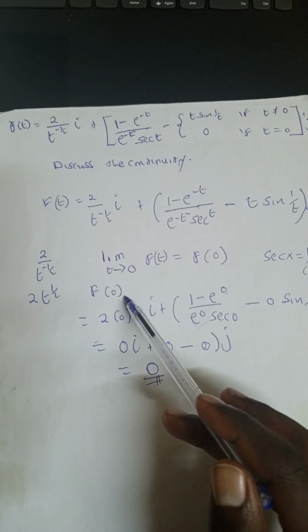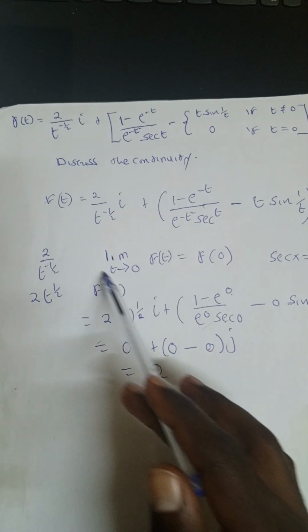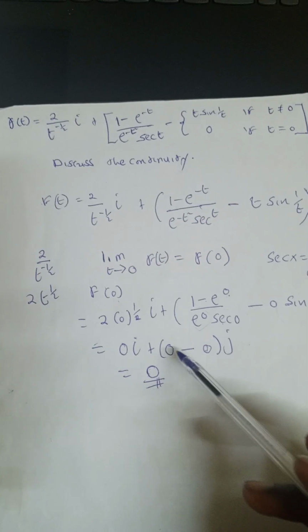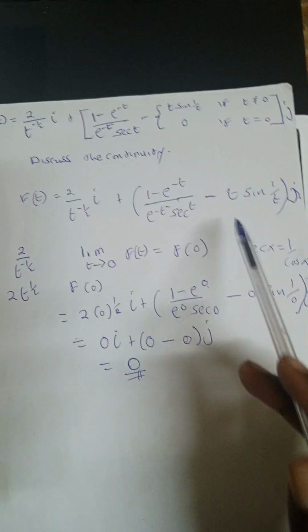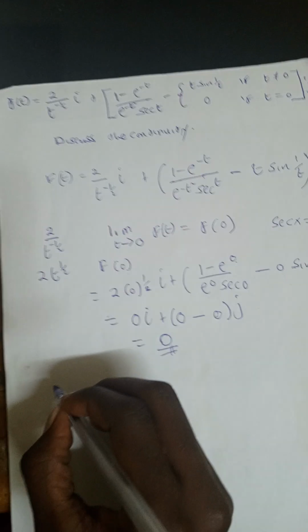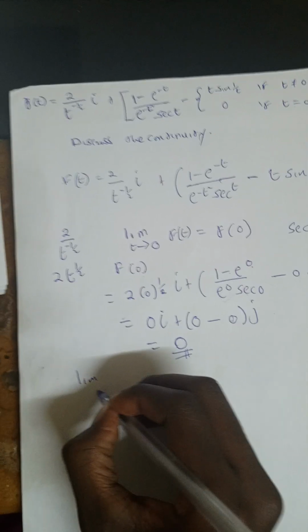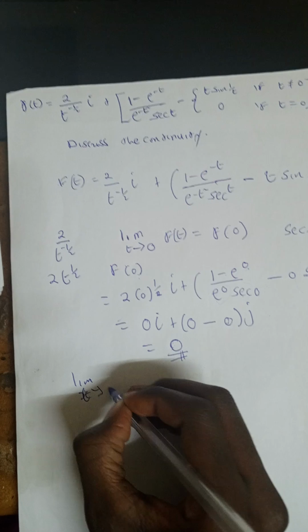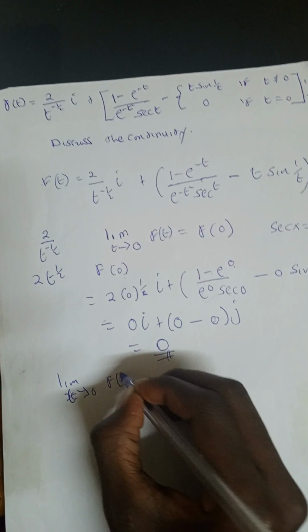So now we have proved for f(0). Now we have to find the limit as t approaches 0 for f(t). If we are going to find the same answer, then we should know that this function is continuous. So we apply the limit. The limit as t approaches 0 for f(t).